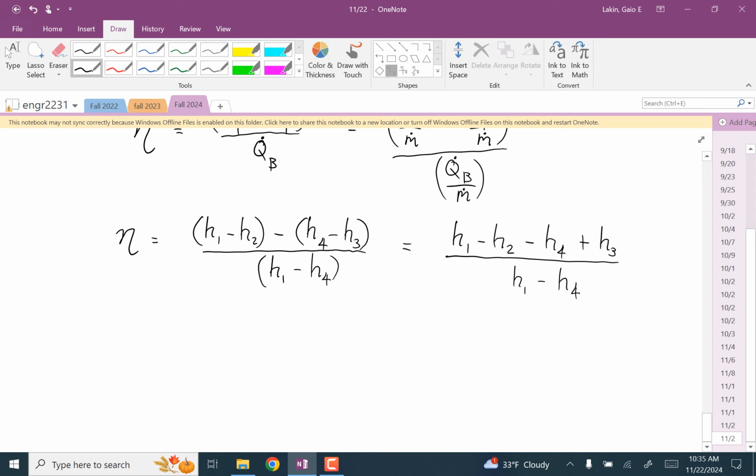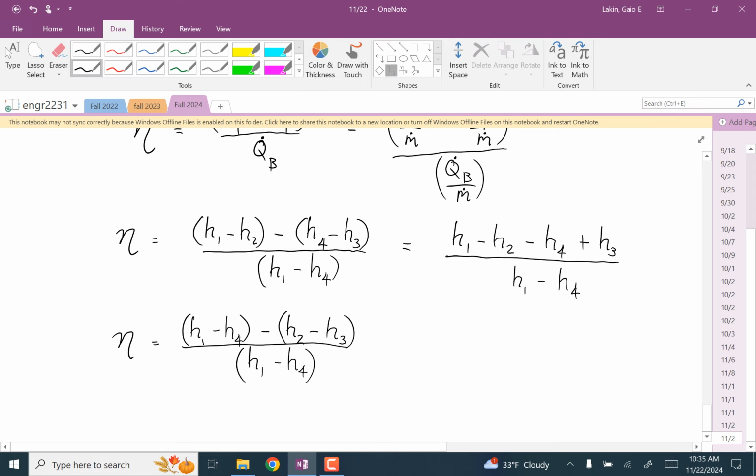And then just rearrange. So now you can write this as h1 minus h4, I'll put those in parentheses, minus h2 minus h3, all over h1 minus h4.